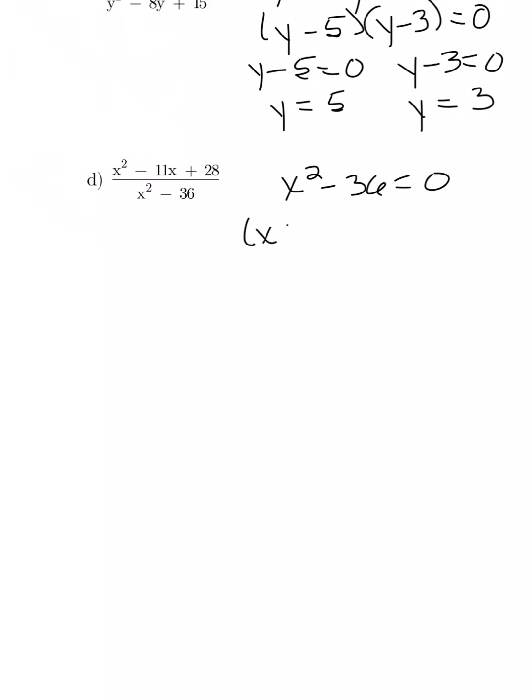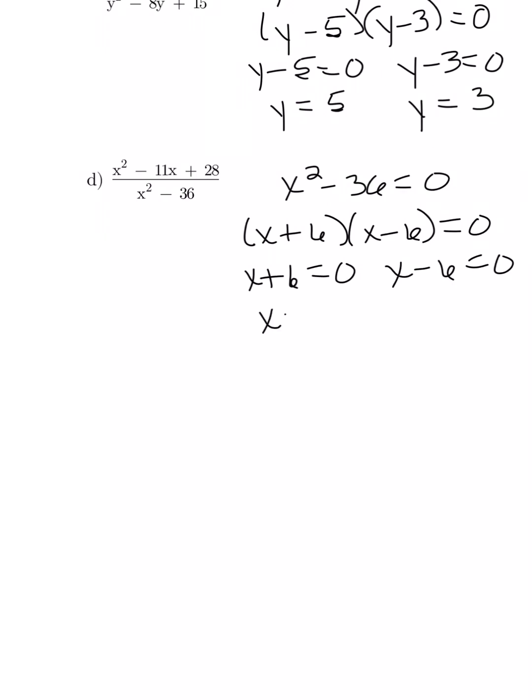That is a difference of squares, x plus 6 times x minus 6 equals 0. Set each factor equal to 0. And we get x equals negative 6 and x equals 6 as our excluded values.